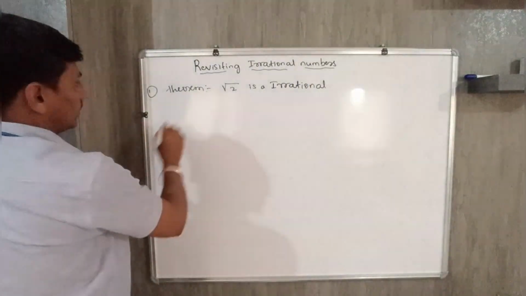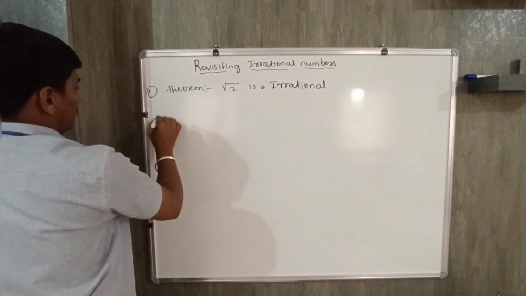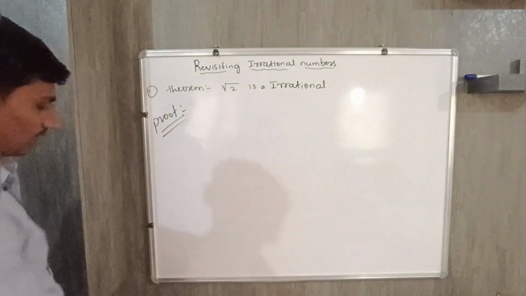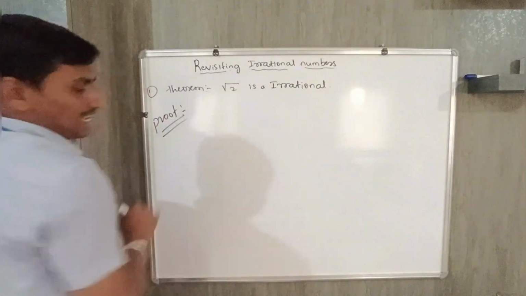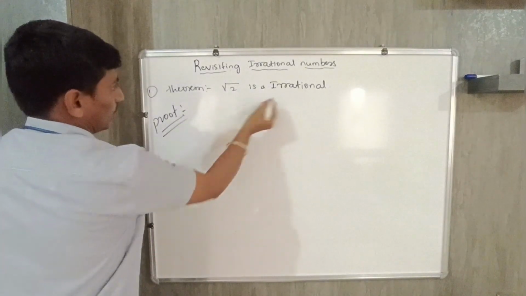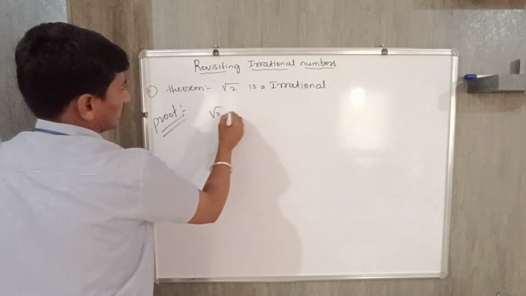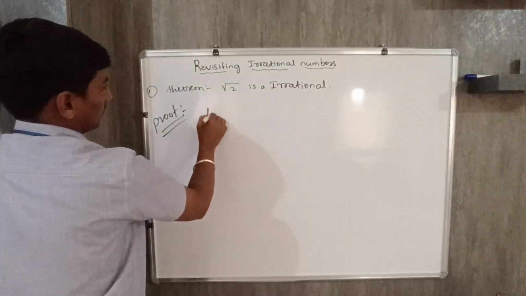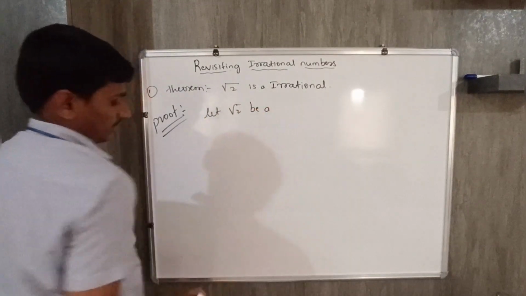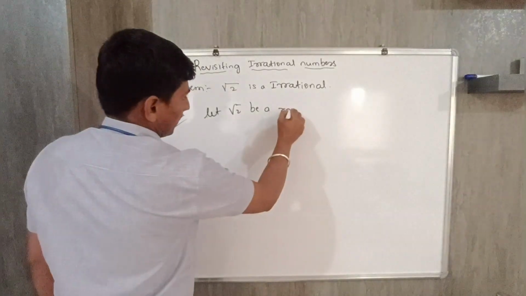Proof. To prove an irrational number, we assume it is a rational number. Let root 2 be a rational number.